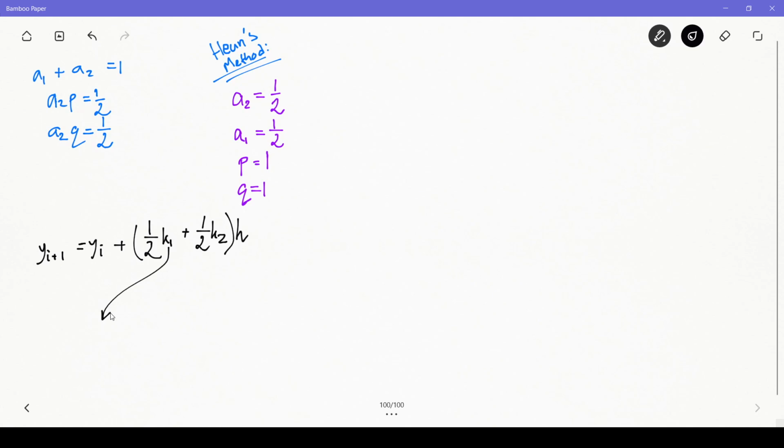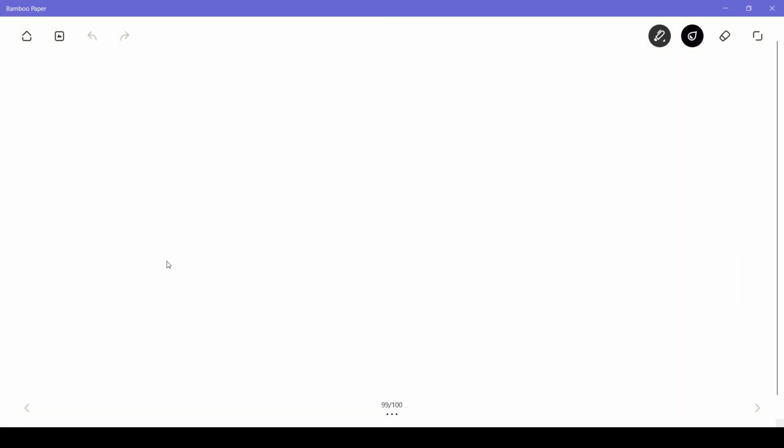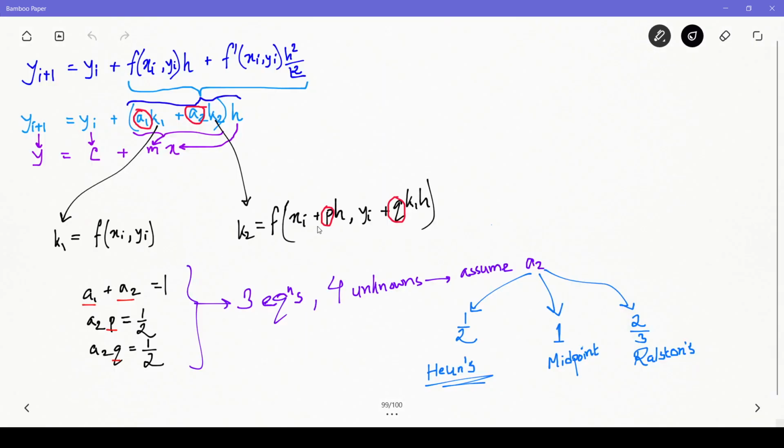And if you recall, our k1 was the functional value of the bivariate function at the point x sub i comma y sub i, and the k2 was the slope value at another intermediary point, right? So since now we know the values of p and q, we can plug them in. We saw that our k2 was F of x sub i plus ph comma y sub i plus q times k1 times h. Since our p and q values are both 1, we can write it as x sub i plus h comma y sub i plus k1 times h.